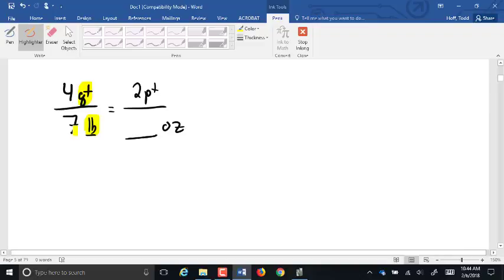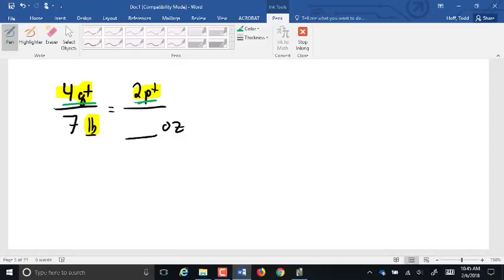A ratio, remember, has the same unit so that they cancel out. But even with a rate, the units on the left side have to be the same as the units on the right side. And here they are different, so we're going to have to do some conversions. I either have to turn this into quarts or this into pints. I usually convert to the smaller unit because then you don't have to deal with ugly decimals or fractions.